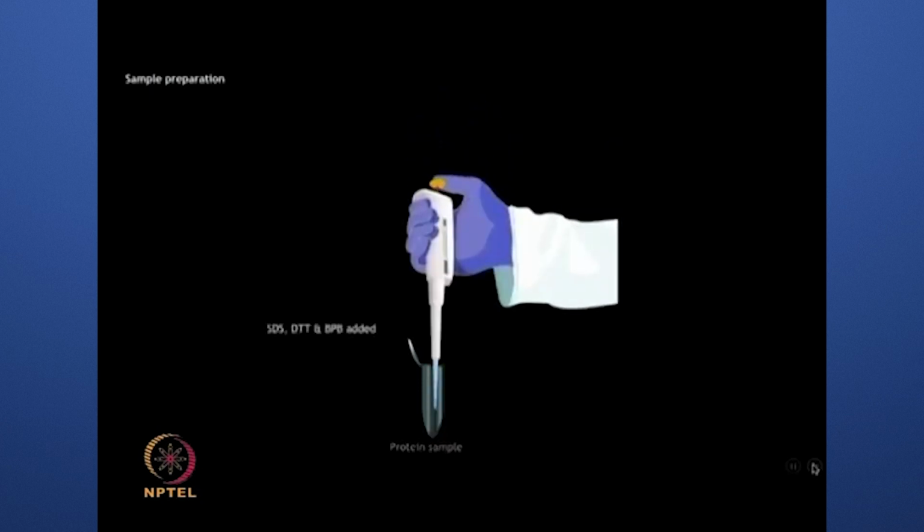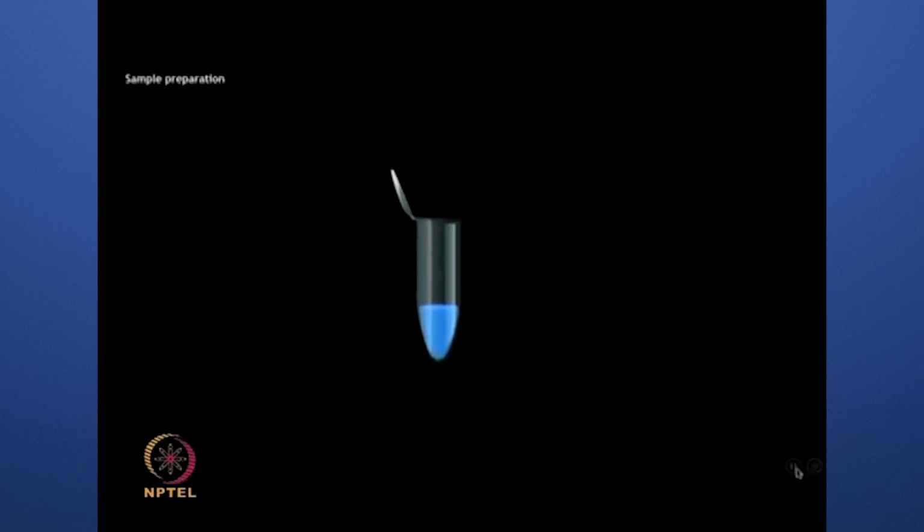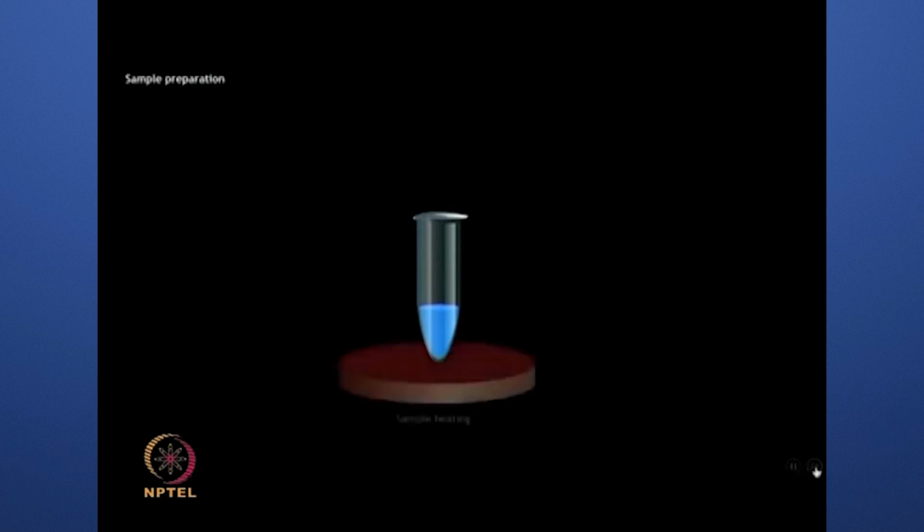Now, you can prepare the sample to load on the SDS PAGE gel. SDS is a negatively charged anionic detergent that binds to protein molecules and causes them to denature. The DTT used breaks any disulfide linkages that may be present.